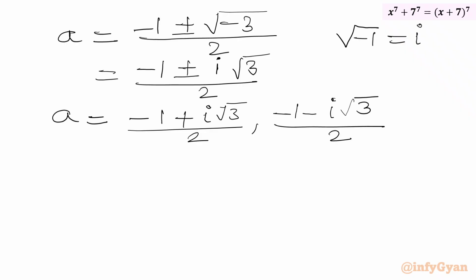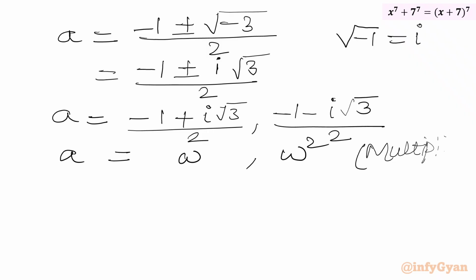So here we have two cube roots of unity. So I will write here omega and omega square with multiplicity 2, as we had (a + 1/a + 1) whole square.